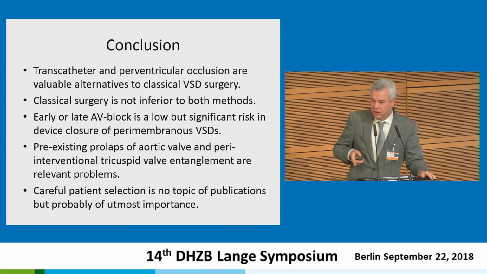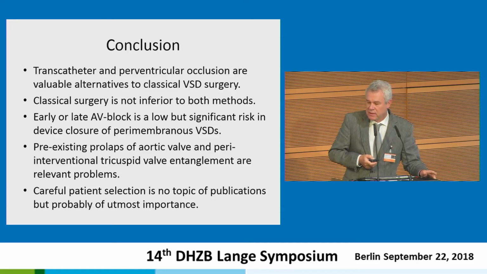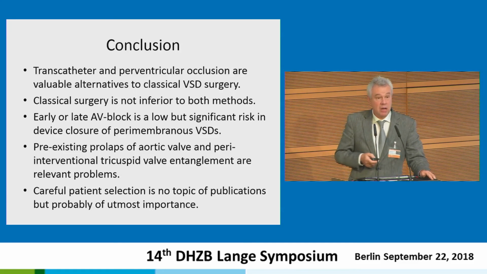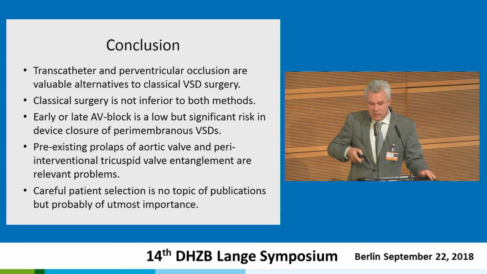Pre-existing prolapse of the aortic valve and peri-interventional tricuspid valve damage are relevant problems. However, some groups also tackle patients with aortic valve prolapse and with aortic valve insufficiency and seem to have good results, but we have to wait for late follow-up.